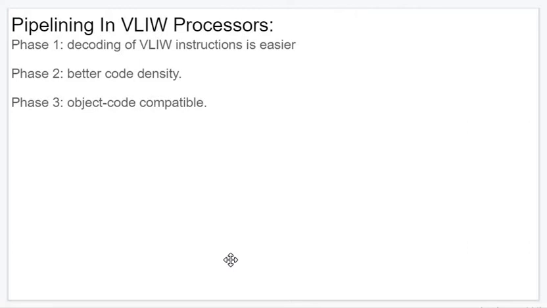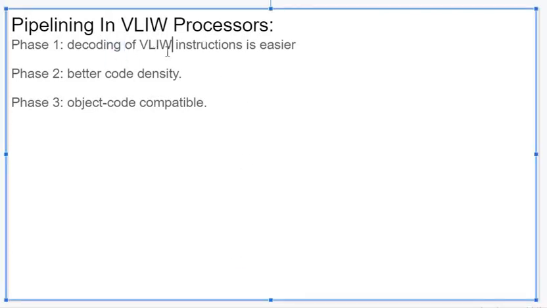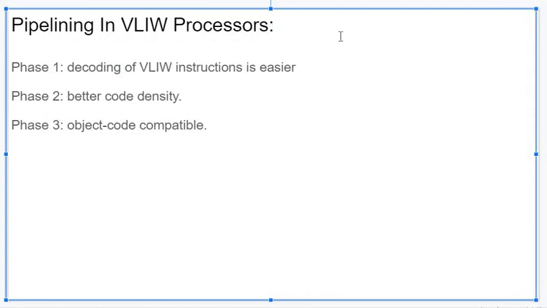So what are the three phases of VLIW pipelining? Decoding is easier. Why is decoding easier? Because we have fetched all data in a single instance, a b c d, all in one fetch, so we can expect decoding to be easier. Why can we say code density is better?